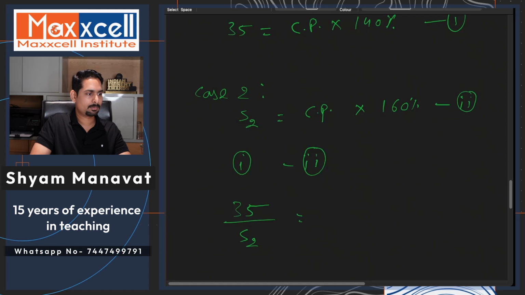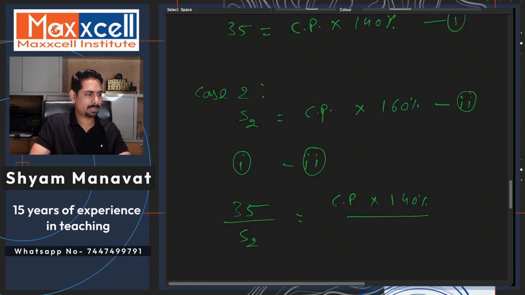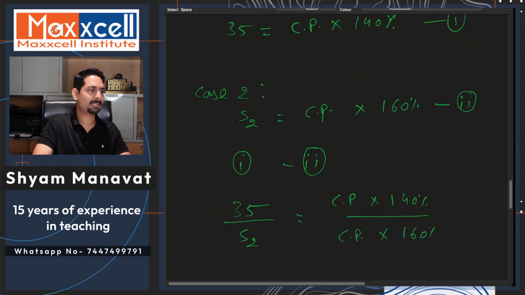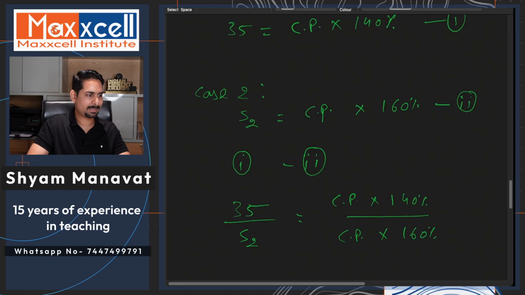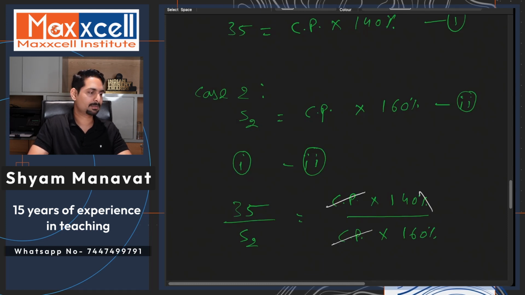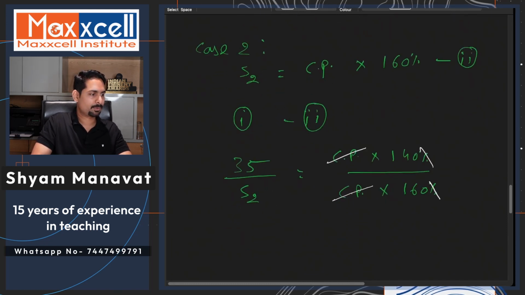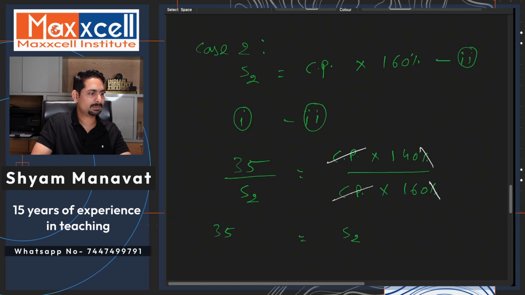So you have cost price into, I'm writing this step so that you will get clarity, otherwise we can directly see the cost price can be eliminated. Now here cost price is cancelled, percentage sign cancelled. Now what you have is cross multiply. You got selling price 2 equal to 35 into 16 by 14.